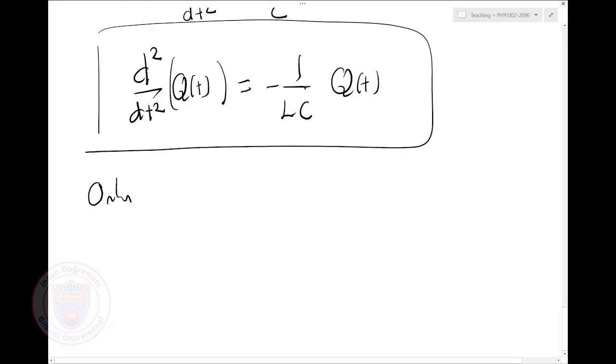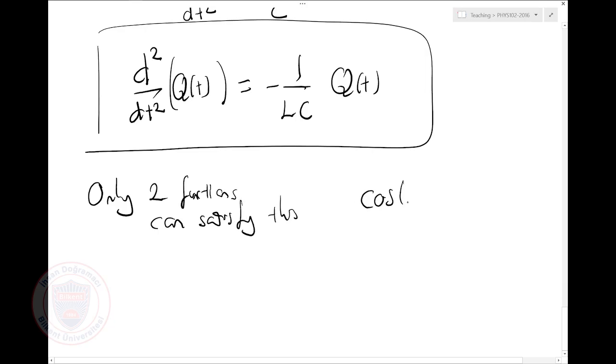Okay, that's it. That's the way to solve our differential equation. Only two functions can satisfy this: either cosine omega t or sine omega t.